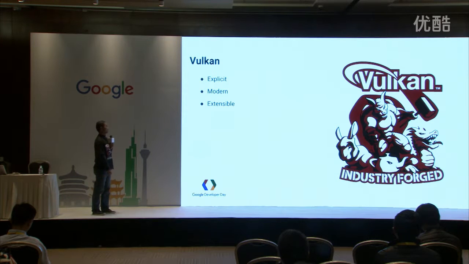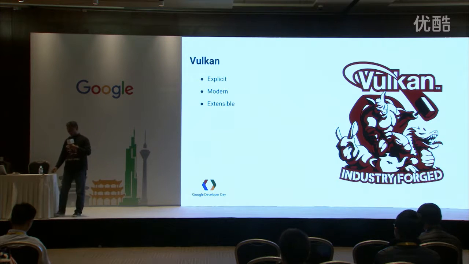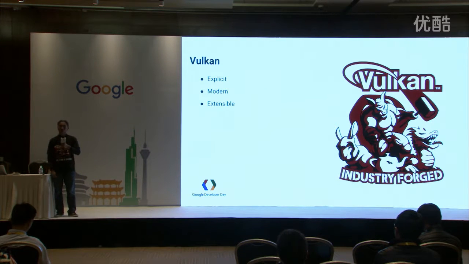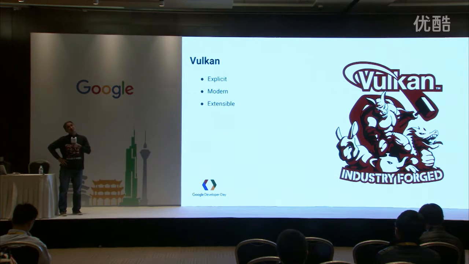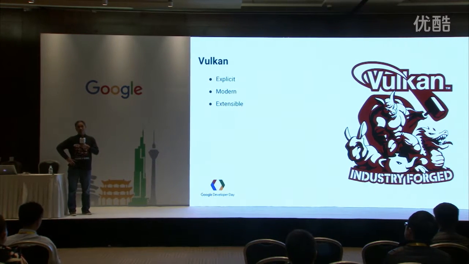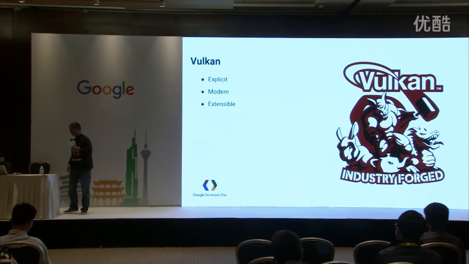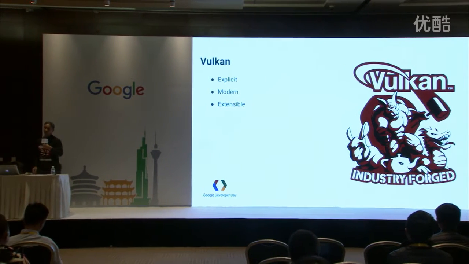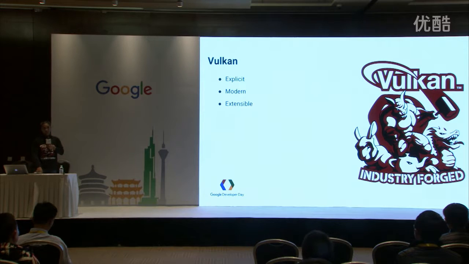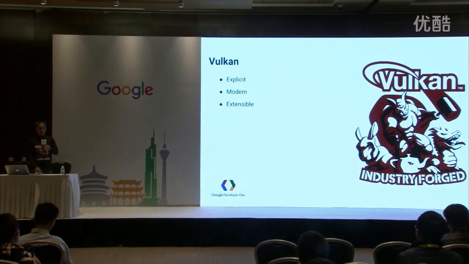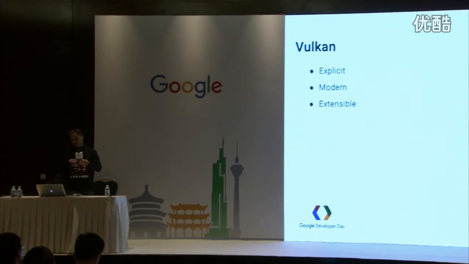And another very important one is extensible. This extensibility is very important, and it's kind of a tradition for Khronos, across all the stacks, not only for graphics. Like OpenGL, it all has interfaces designed for extensions.